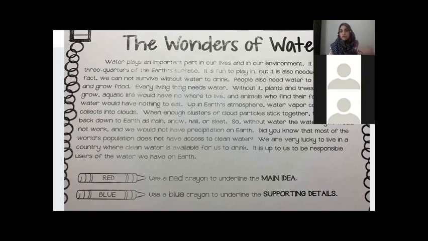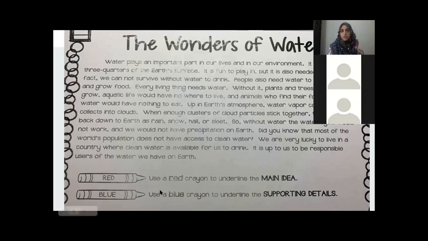I will read it and you will listen carefully, and in your notebook you can write down the first 3 words of the sentence so that it doesn't take much time, and you can tell me that this is what you thought was the important detail.